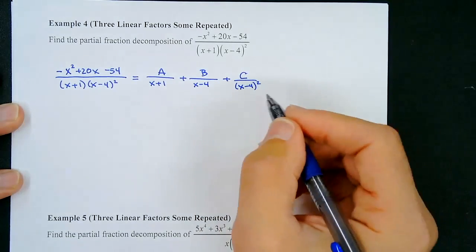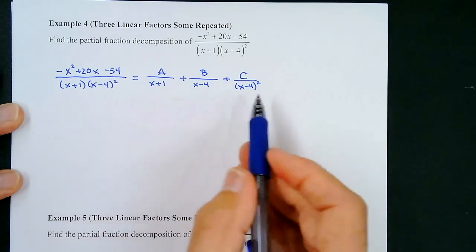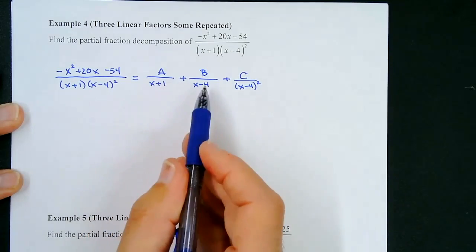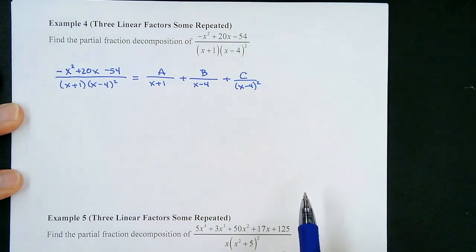All right. And so you could find, by clearing out your fractions, the values for A, B, and C like the last one.